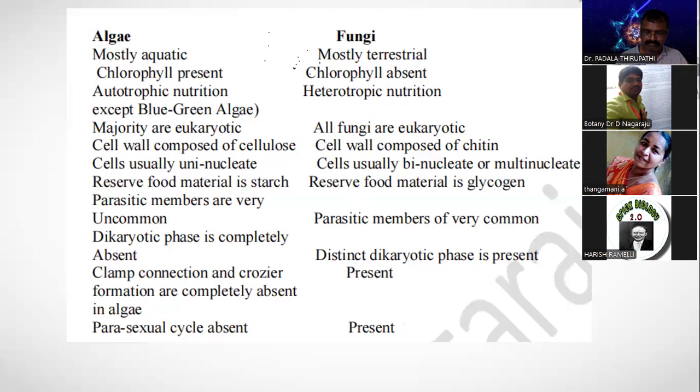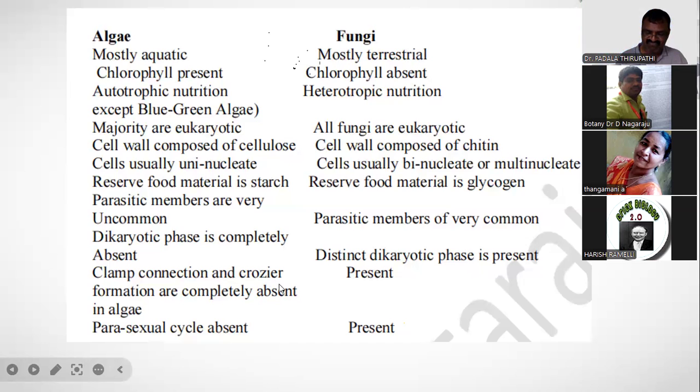In fungi, the reserve food material is glycogen and oil. Majority of the algae are autotrophic, but majority of the fungi are parasitic. There are so many others.